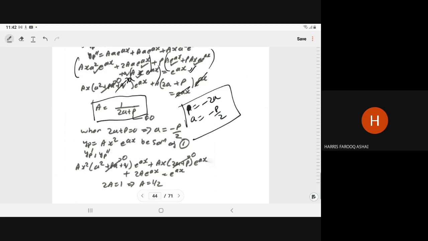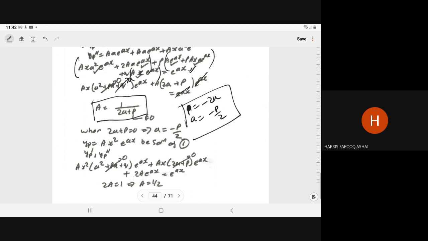So if it is so, a is a root of m square plus pm plus q is equal to 0, and also a is a root of 2m plus p, then we cannot use this substitution. Then we have to go for another substitution.